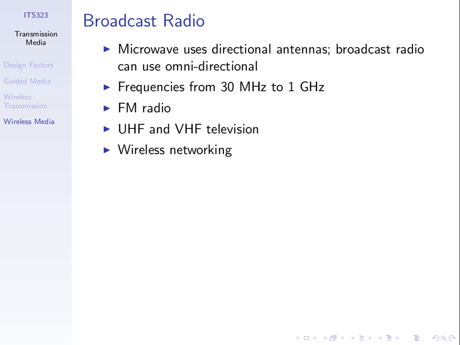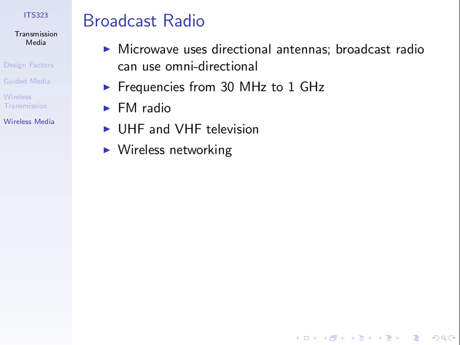So Wi-Fi is an example of a broadcast radio technique. We're not going to go through any detail of how Wi-Fi works. Some of you may cover it in a topic next semester. I cover it for the IT section on internet technologies. But those are just three examples of wireless media.